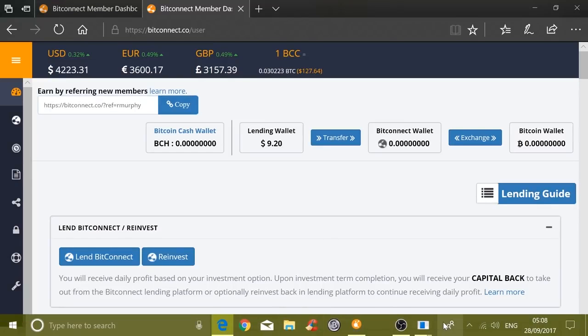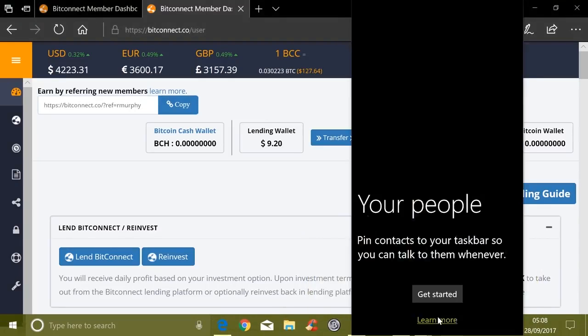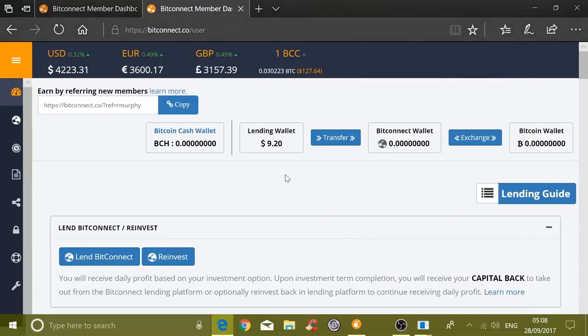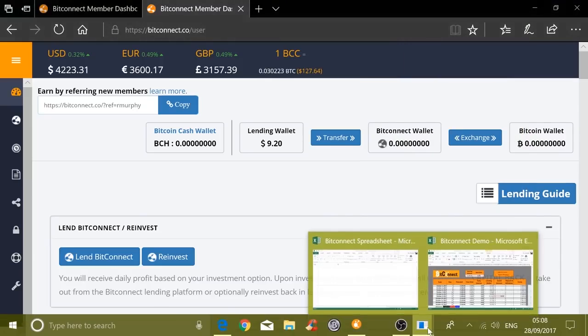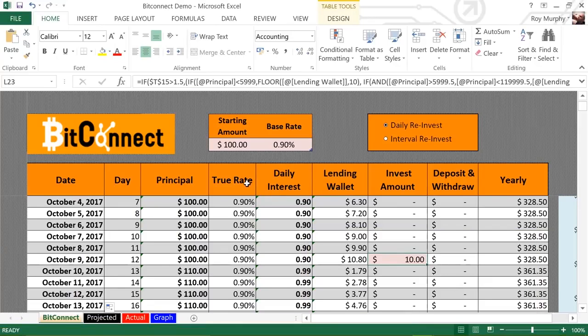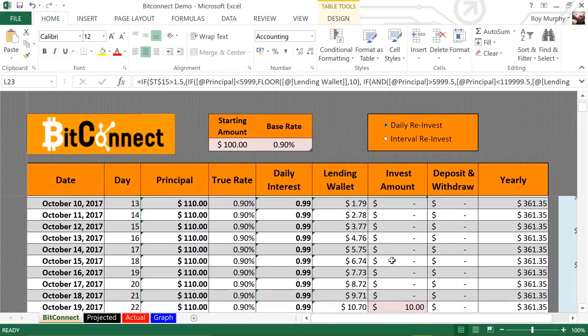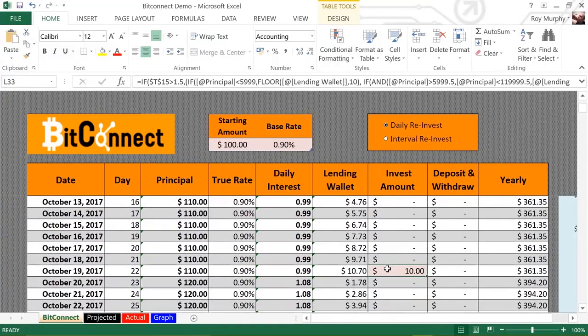When you get back to this system, you can see that on day 12 we get to reinvest $10, which is 10% of our starting amount. Then on day 22 we can add another $10, just pure interest, adding it back into the system and letting it compound for you.